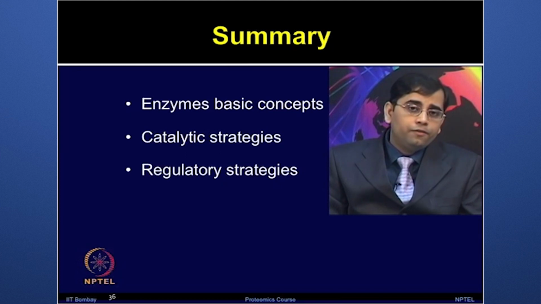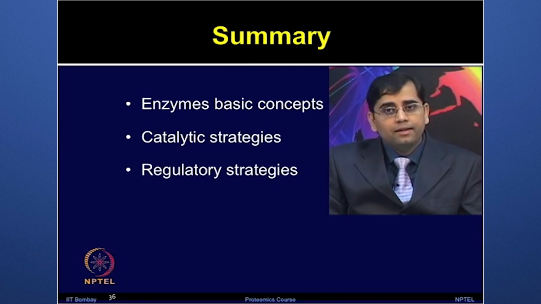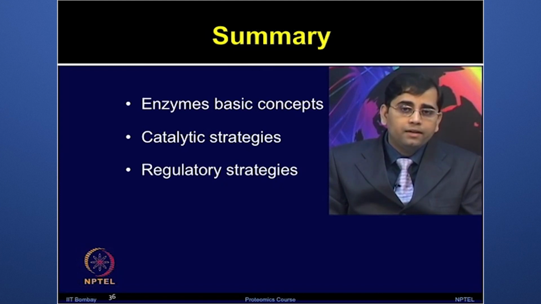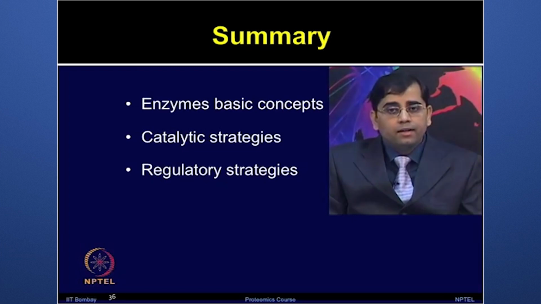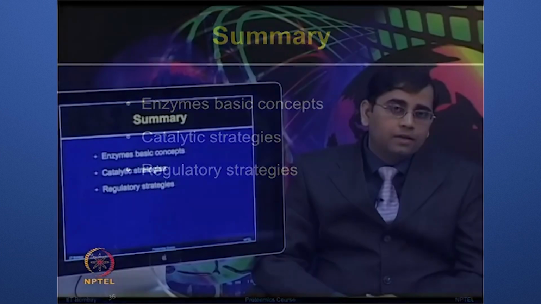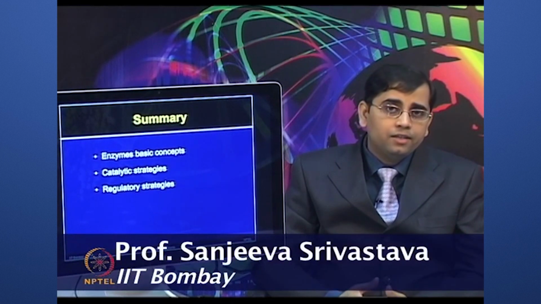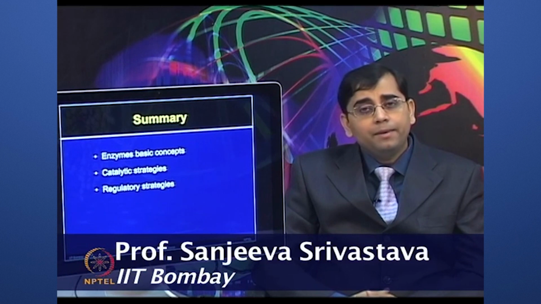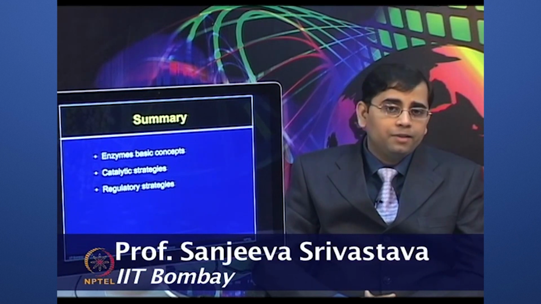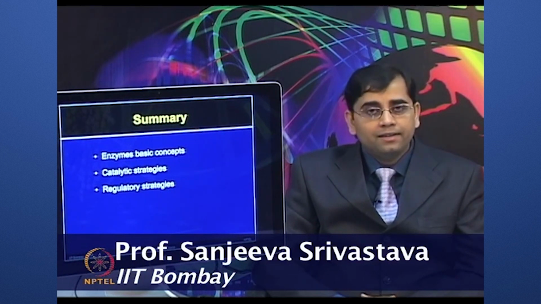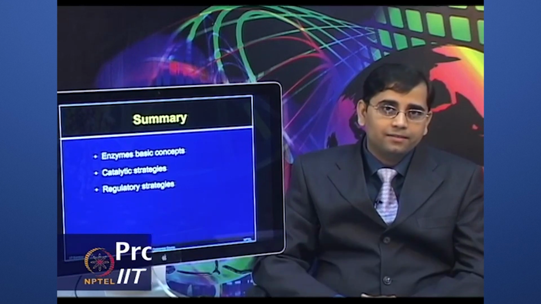The activities of metabolic pathways in cells are regulated by control of the activities of certain regulatory enzymes, and four different regulatory strategies were discussed. So, I hope now you have some basic understanding of enzymes and different catalytic and regulatory strategies. Thank you.